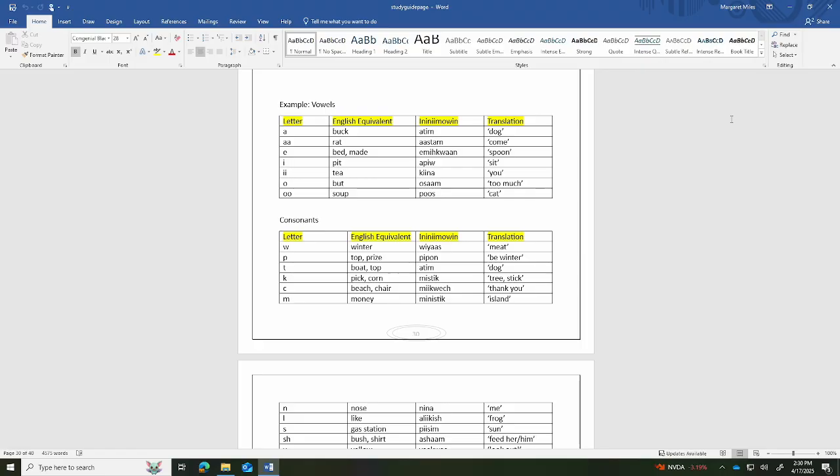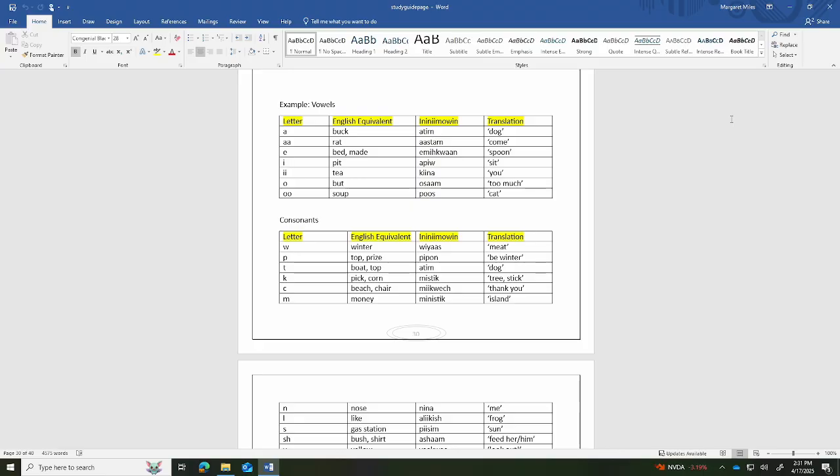The short O sound, osam, meaning too much. The long O sound in English, soup. In the Nimuan language, bus, meaning cat.